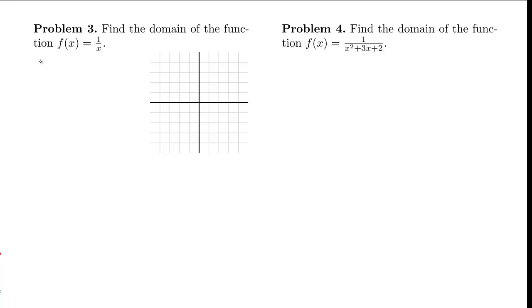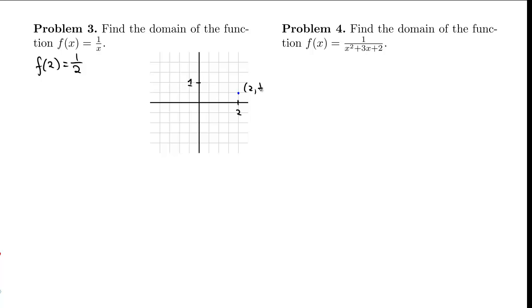Here's our next problem. We're asked to find the domain of the function 1 over x. This formula, f of x equals 1 over x, tells us what f outputs for each of its inputs. For instance, if we let x be the input 2, then f of 2 is 1 over 2, or simply 1/2. We can plot this pair of input and output on a graph as the point (2, 1/2).